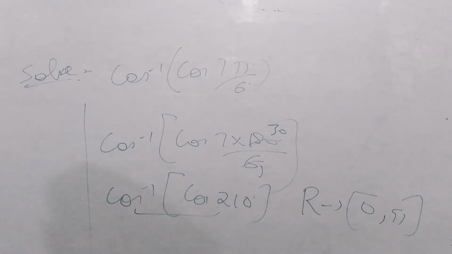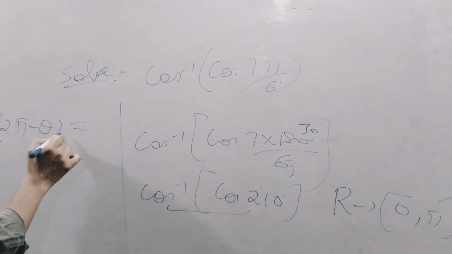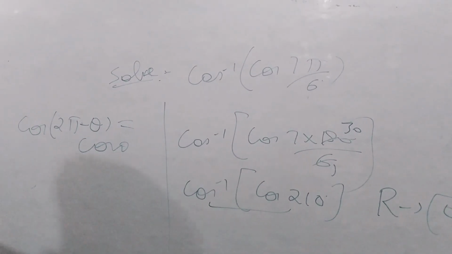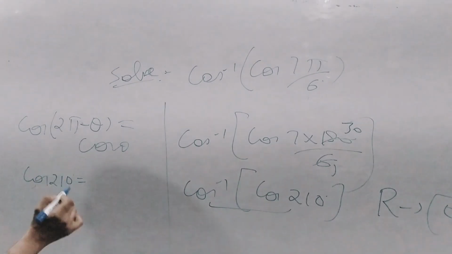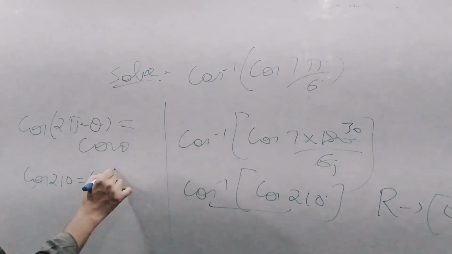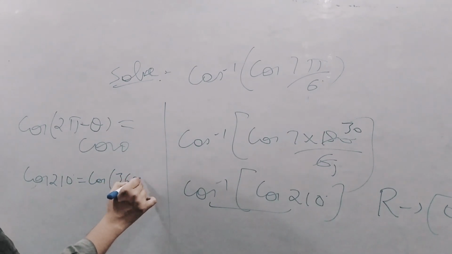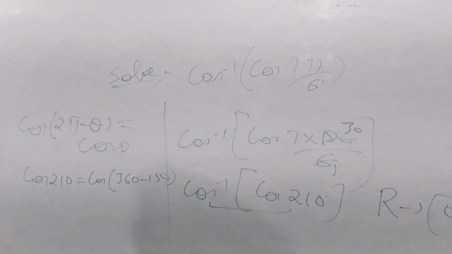Alright. So we know that cos of 2 pi minus theta is equals to cos theta. Right. So this cos 210 degree can be written as cos of 360 minus 150 degree.